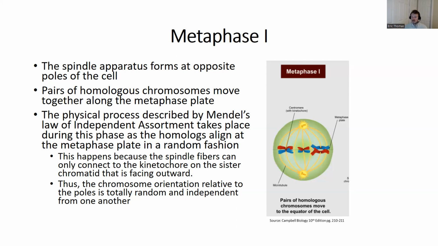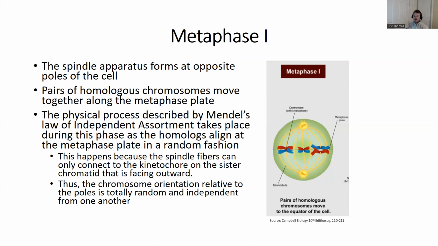The reason for this, and I did want to touch base on this, why it's this independent assortment, is because the spindle fibers can only connect to the kinetochore on the sister chromatid that's outward facing from the metaphase plate. The kinetochore you can envision as a dense complex of proteins that the spindle fibers at either end of the cell are going to attach to.